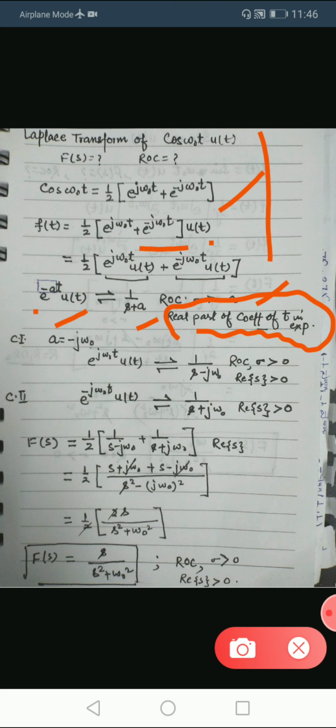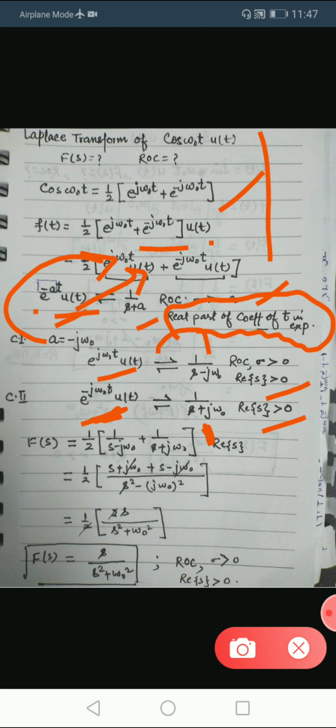Comparing with this equation, a is equal to minus j omega naught. Therefore, the Laplace transform of e to the power j omega naught t u(t) is 1 upon s minus j omega naught, with real s greater than 0. And e to the power minus j omega naught t gives 1 upon s plus j omega naught, real s greater than 0.